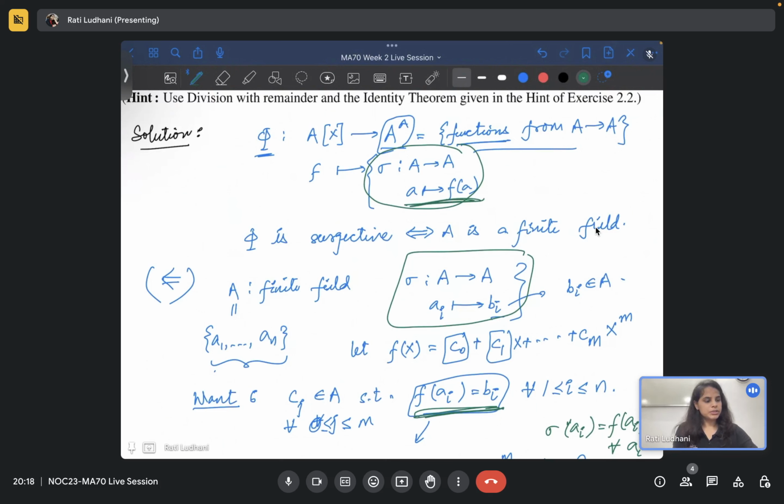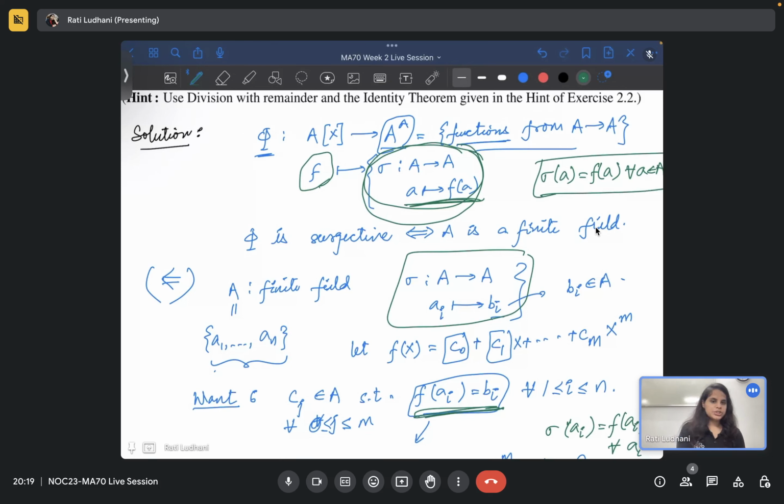So surjectivity means if you consider any sigma from the right hand side, any function from A to A, then you can find the polynomial f such that sigma of a is equal to f of a for all a belonging to A. So that you are proving. Any function will be a polynomial function. Polynomial function means sigma of a is equal to f of a for all a belonging to A, where f is a polynomial.